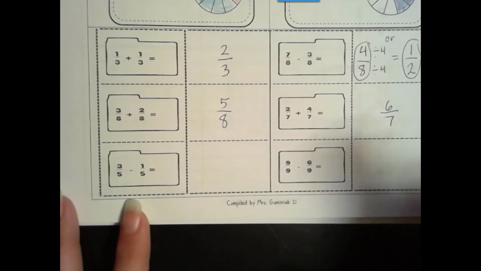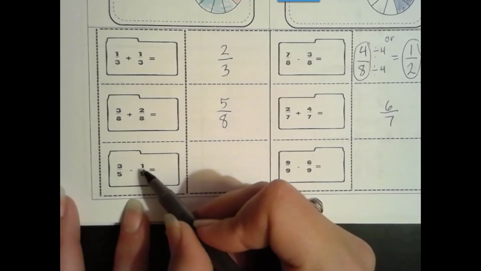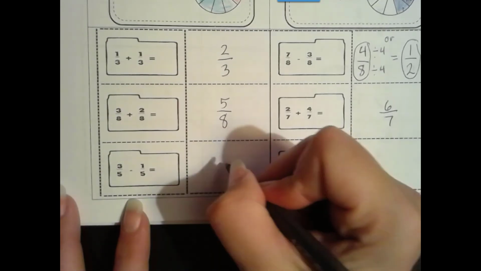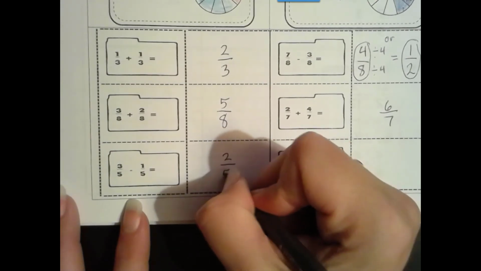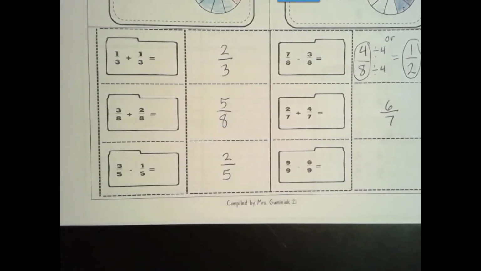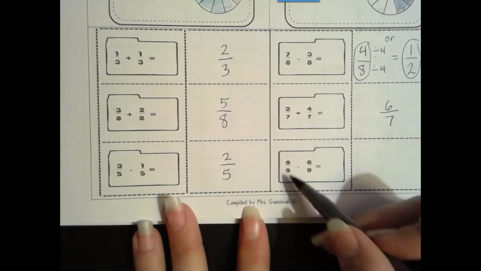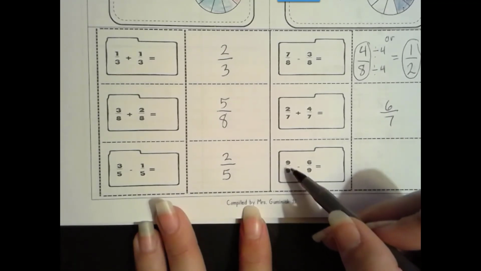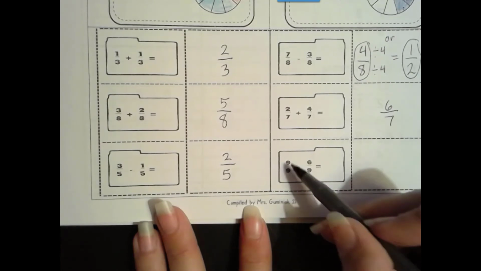All right, here, let's go back over here where we had, if I have 3 out of 5 pieces and I take away 1 of those pieces, I'm left with 2 out of 5 pieces. Here, 9/9, that means the whole thing's there. It's just cut up into 9 pieces, but all the pieces are there.